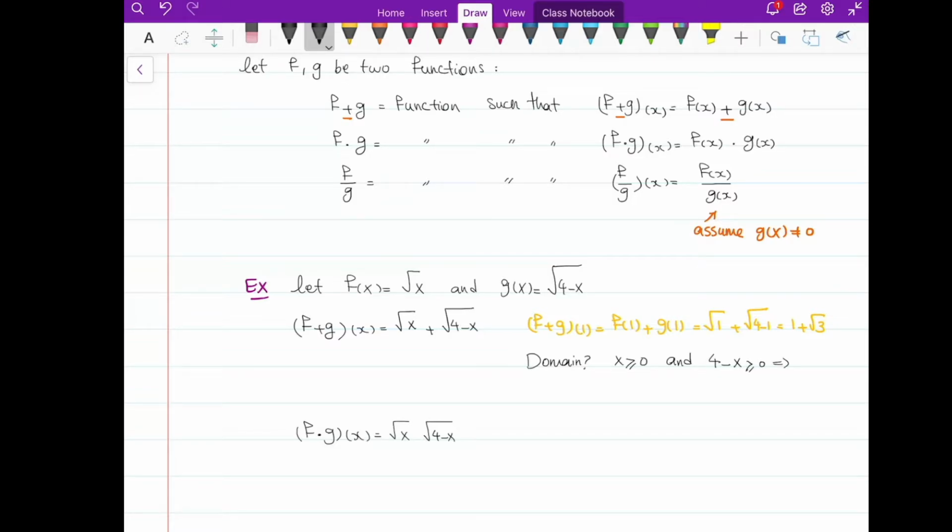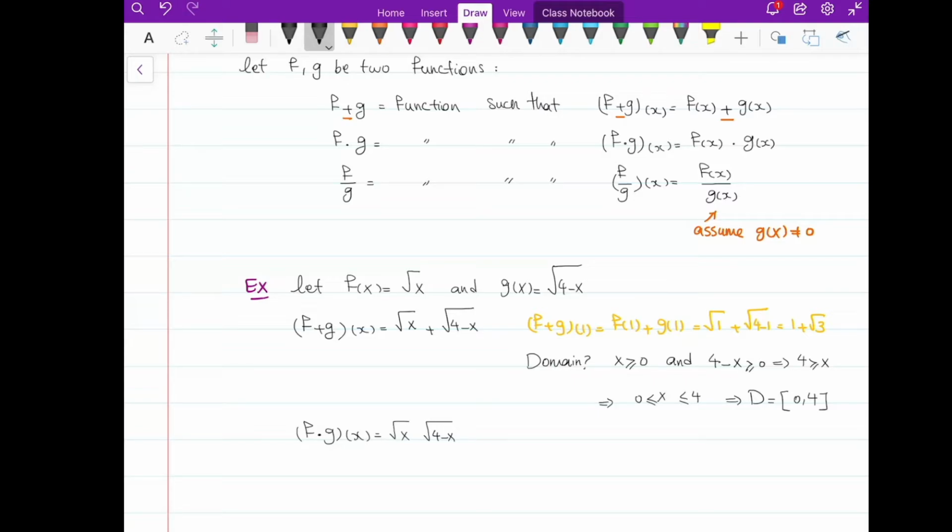Based on this one, I'm going to bring negative x to the other side, so 4 is greater than x. Now we have these two conditions, which say that x should be greater than or equal to 0 and should be less than or equal to 4. And so the domain is basically this interval that I have here, 0 to 4.